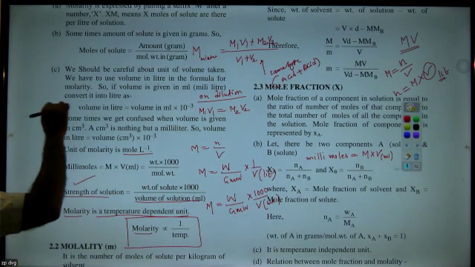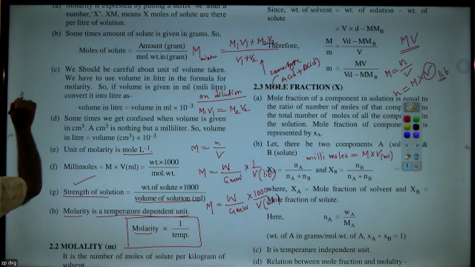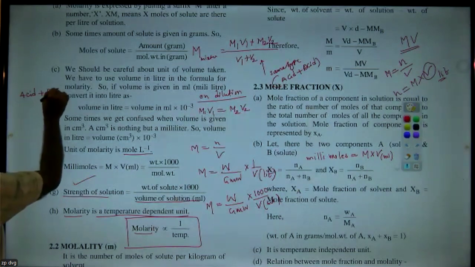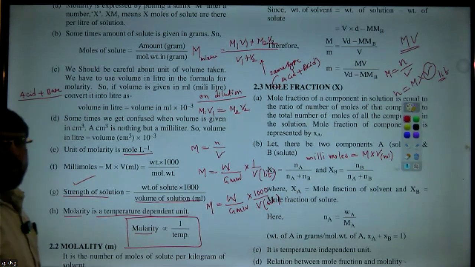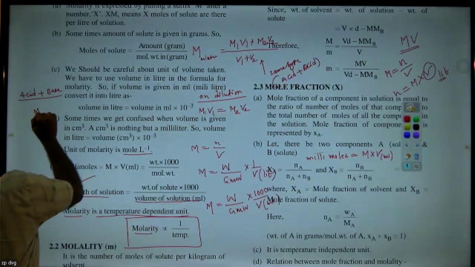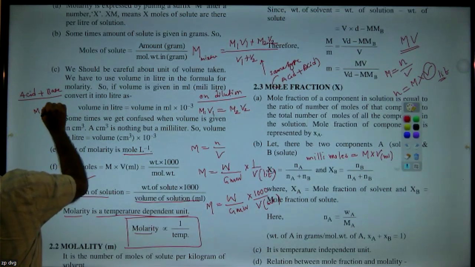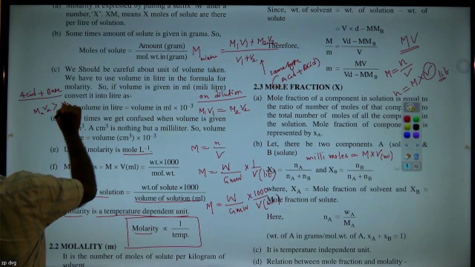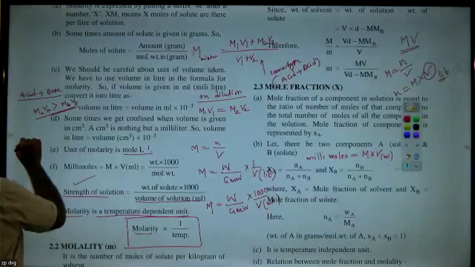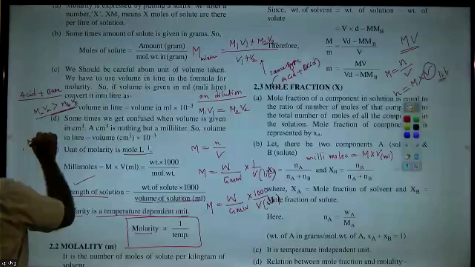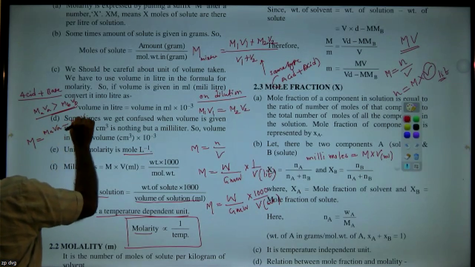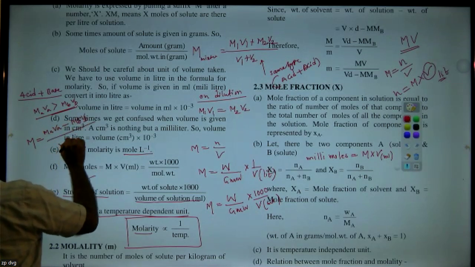Next, suppose acid and base are mixed, then which formula do we use to get the molarity of the solution? For example, if we calculate MAVA greater than MBVB, then molarity of the mixture is equal to MAVA minus MBVB divided by VA plus VB.